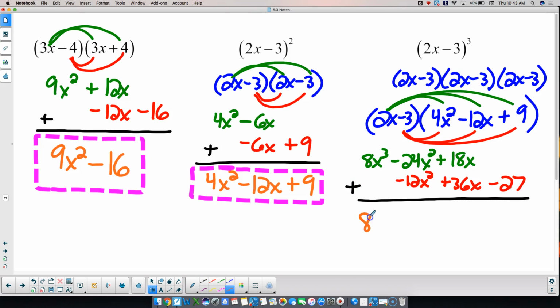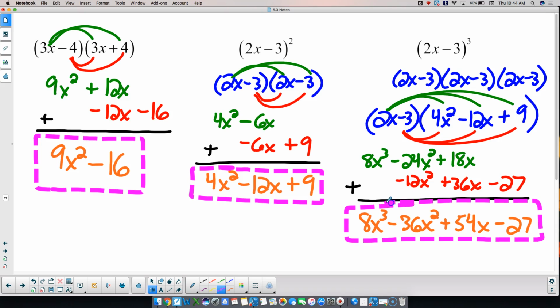I get 8x cubed minus 36x squared plus 54x minus 27. Yes, sir? Questions on any one of those three?